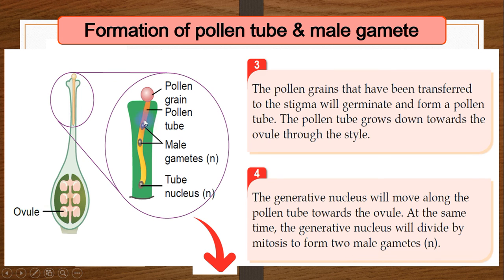When it divides by mitosis, it produces 2 male gametes. Once it is a male gamete, it is haploid. This is the tube nucleus.